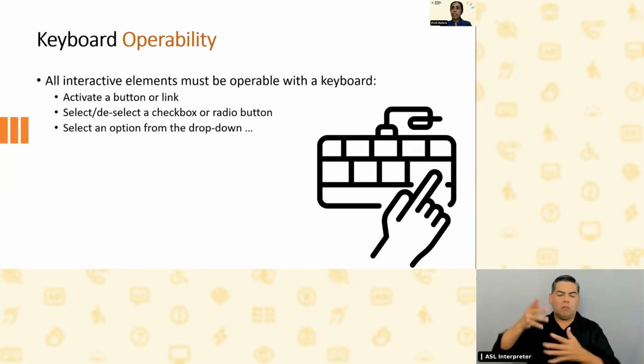Not only this, the JavaScript should also be coupled with key listeners. Now, on the press of the enter key or the spacebar key, the button should be triggered. The action should be fired. All this is important when we are looking at implementing keyboard access.